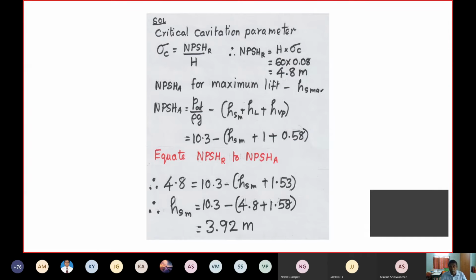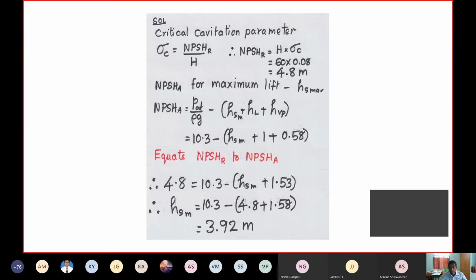See, the critical cavitation parameter is defined like this: sigma c, otherwise called Thoma cavitation parameter, that is equal to NPSH required by H. So NPSH required is equal to H into sigma c. So head developed by the pump is 60 meters. So you get 60 into 0.08, which is the cavitation parameter, so you get 4.8 meters. That is the NPSH required for smooth operation of the pump.